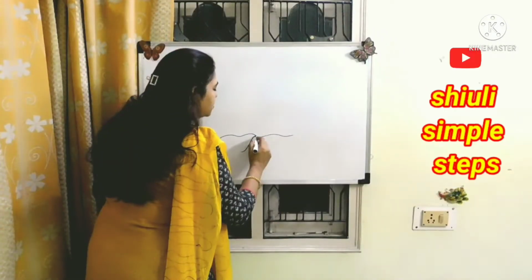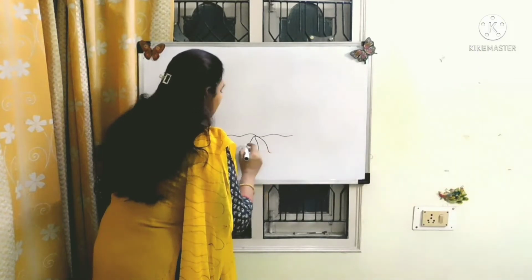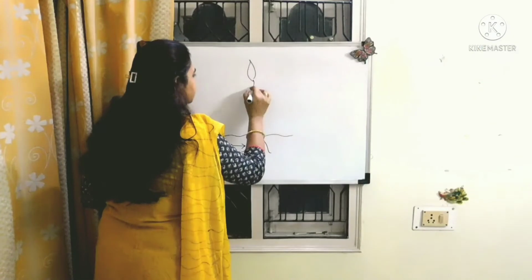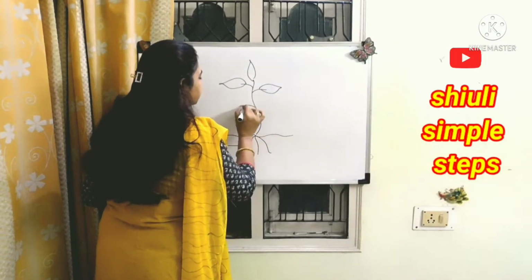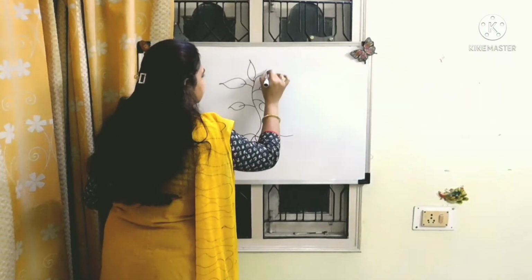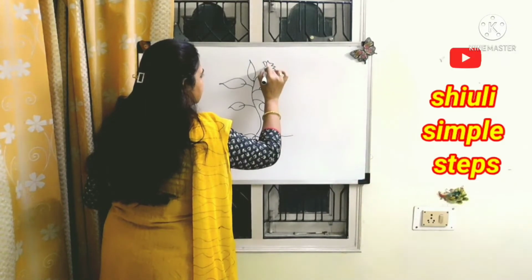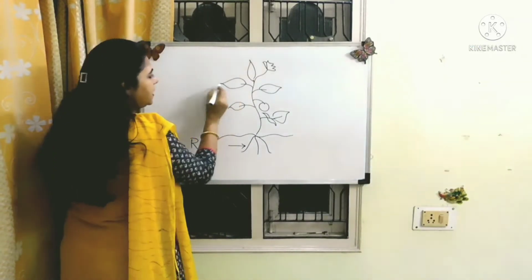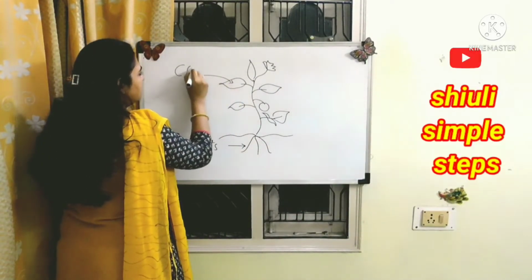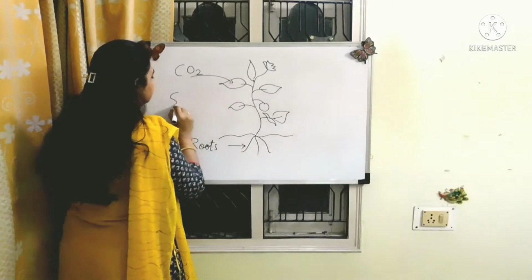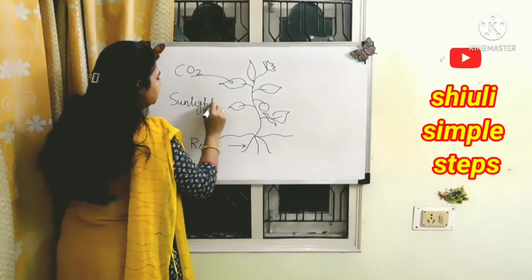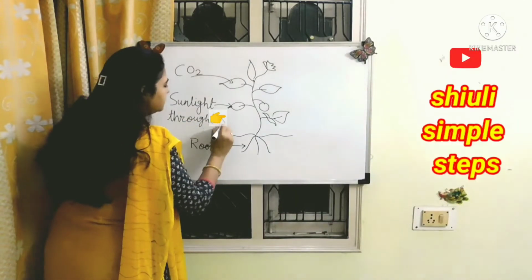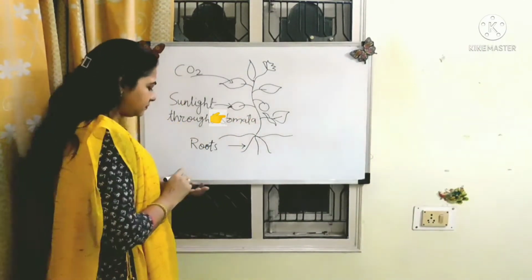Okay, I am making a drawing here. These are roots. These are leaves. Leaves absorb carbon dioxide, sunlight through stomata.